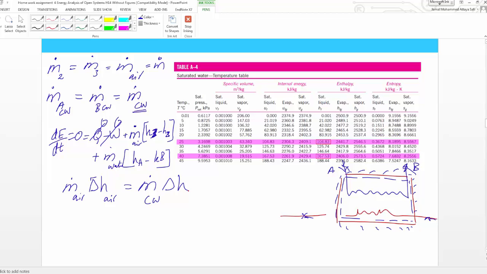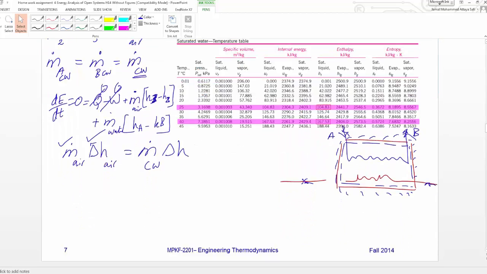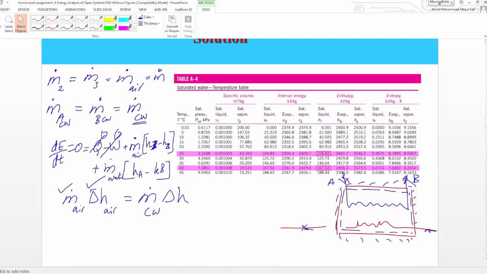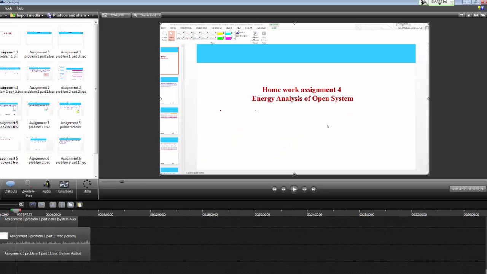It's very interesting because I know that for the air I have the two temperatures, so I can go to the table A17 and find the enthalpies here and here.